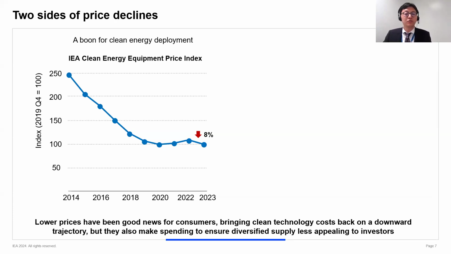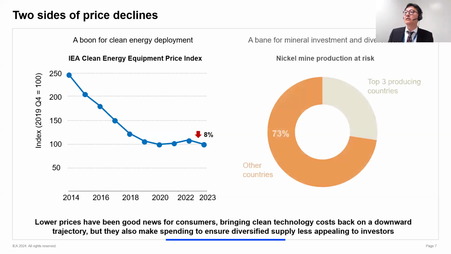So this shows that the price fall has a good impact on making clean energy more affordable and ensuring a rapid transition. But on the other hand, this is dampening appetite for investment. For example, in the case of nickel mines, we identify some 30 projects that are facing risks in today's low price environment.